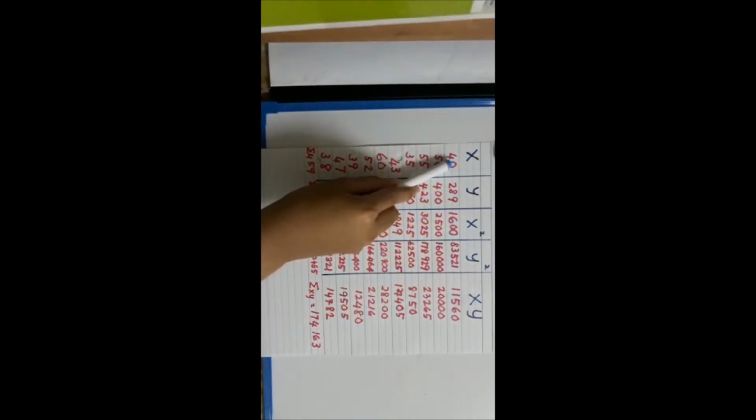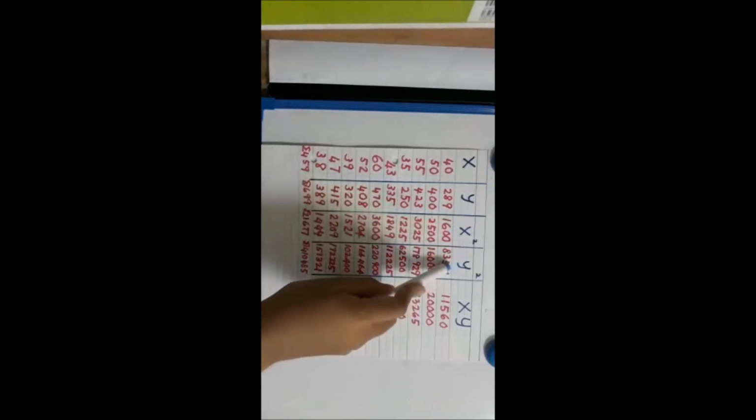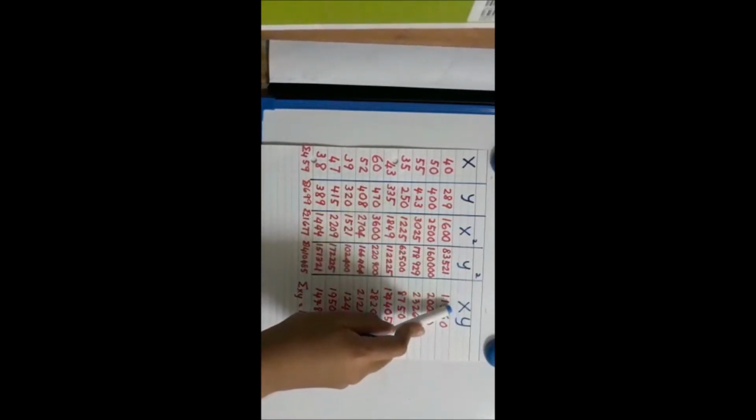And then we need to find the summation of all of it: the summation of x, y, x squared, y squared, and also the summation of xy.